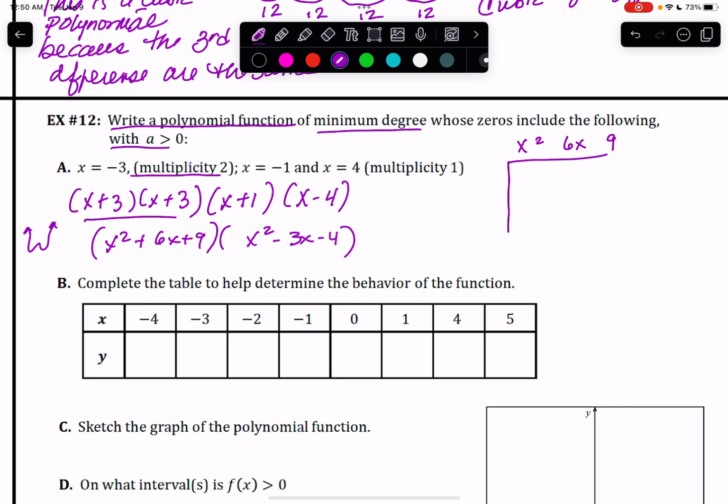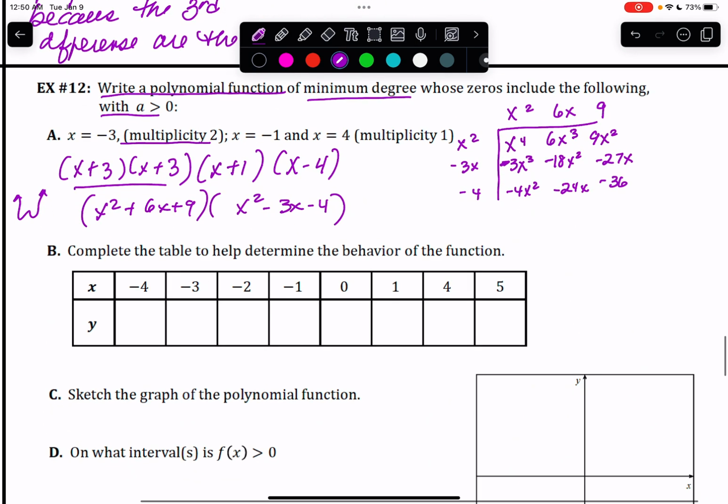And then going down this side, I have x squared, negative 3x, and negative 4. So this is x to the 4th, 6x cubed, 9x squared. This is negative 3x cubed, negative 18x squared, negative 27x, and I have negative 4x squared, negative 24x, and negative 36.